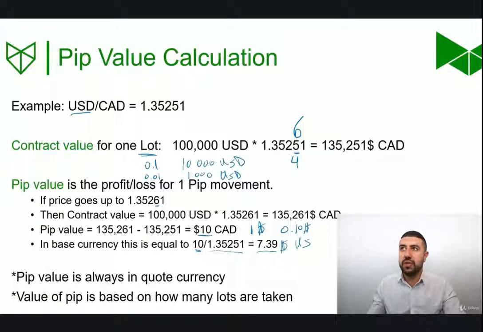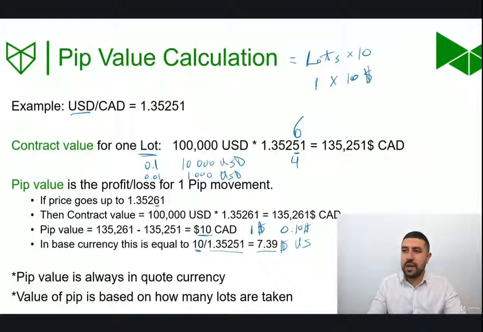Now, a way to do this is very easy. There's a simple formula to calculate this. For the PIP value, you can conclude that it would be the number of lots you're using times 10. So that's the simple version of the calculation. If I'm trading one lot, well, one lot times $10 is going to give me $10. That's the PIP value.